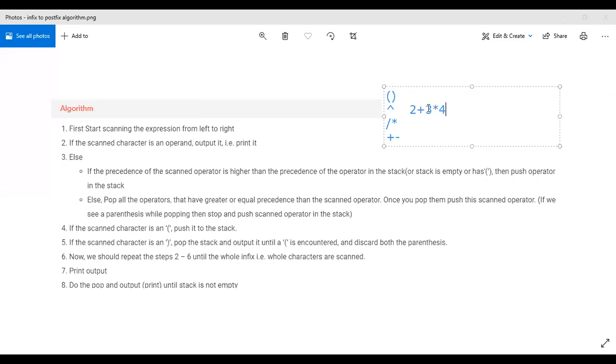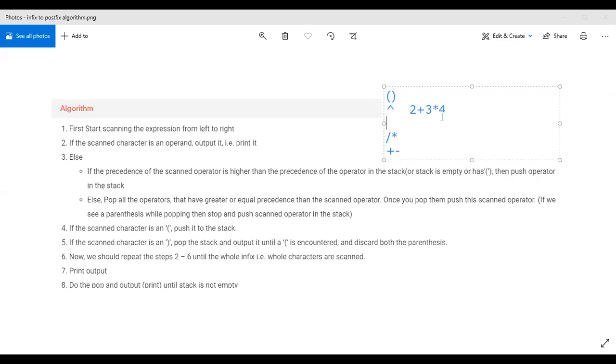It is based on the preference of the operators, that is, the precedence of operators. For 2 plus 3 star 4, I can convert 2 plus 3 to postfix first or 3 star 4 first. I can do either, but I will convert 3 star 4 to postfix first.